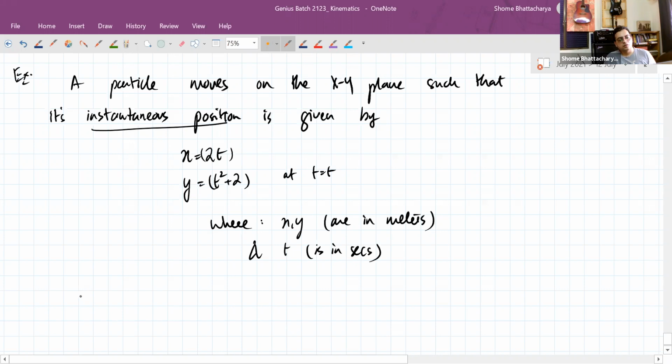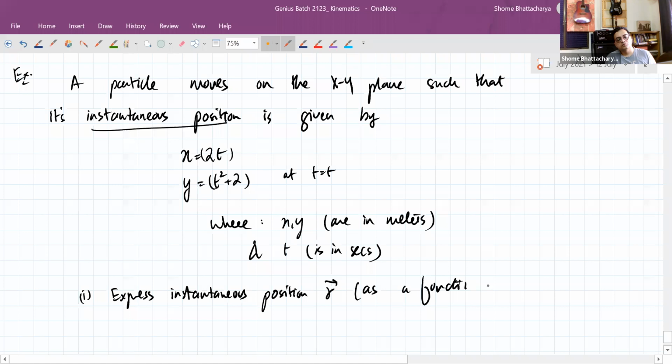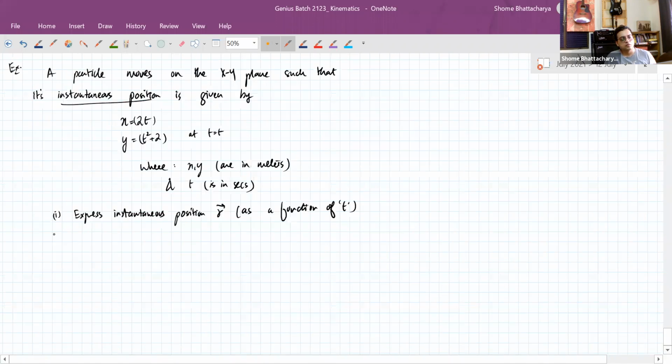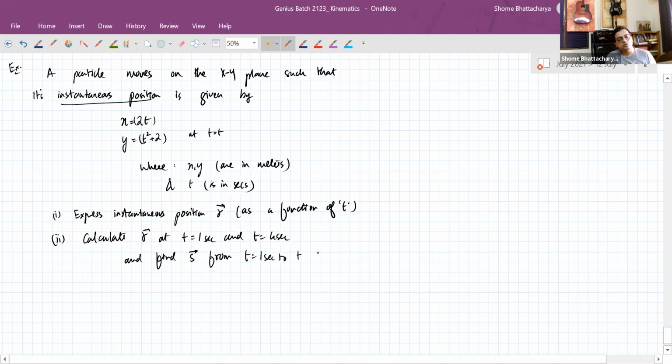So first of all, express instantaneous position r as a function of time. Then calculate position at t equal to 1 second and t equal to 4 second and find displacement from t equal to 1 second to t equal to 4 second.